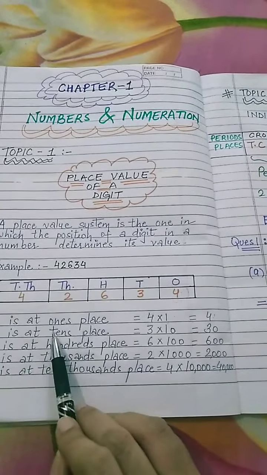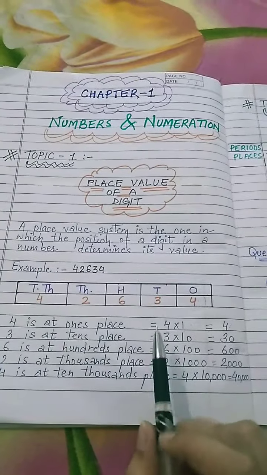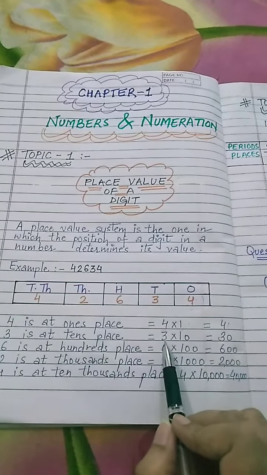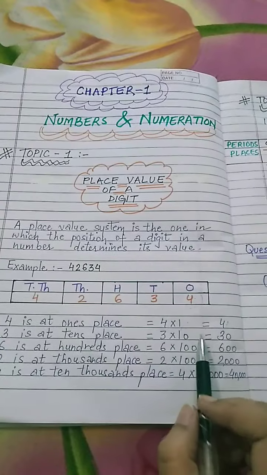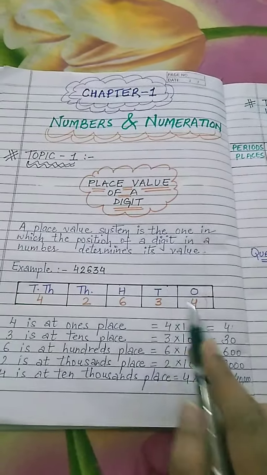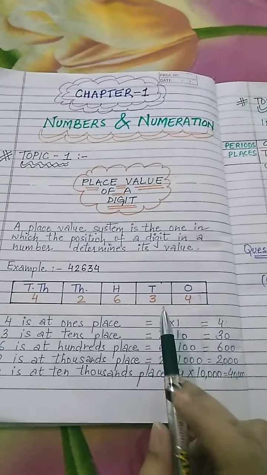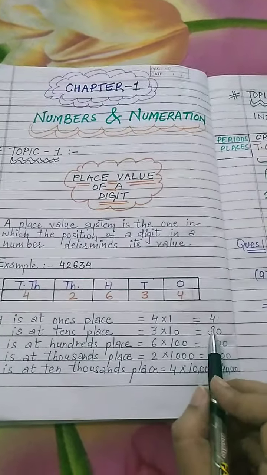Now 3 is at tens place, as you can see in the table. So we will calculate its place value by multiplying 3 by the value of the place, that is 10. 3 is at tens place. So after multiplying both the numbers, we'll get 30. So the place value of 3 is 30.